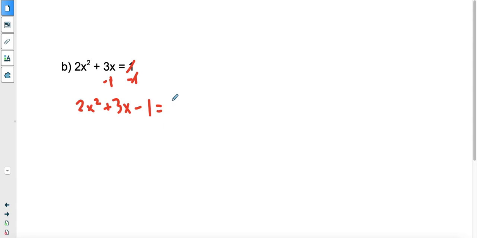So this is equal to 0. And now we can just use the quadratic formula to solve this equation, right? Because this quadratic equation is equal to 0. So let's use the quadratic formula to find my solutions.